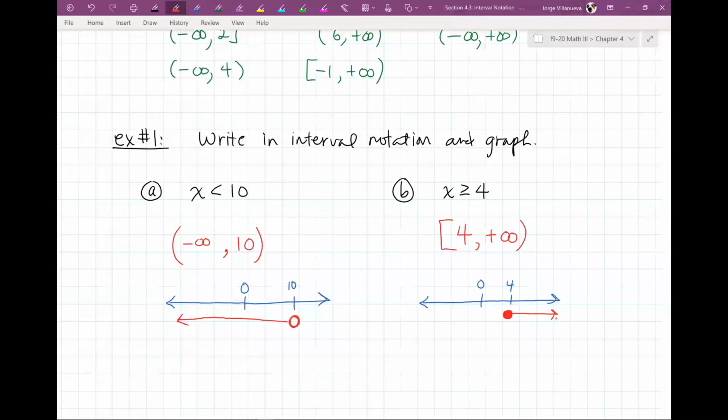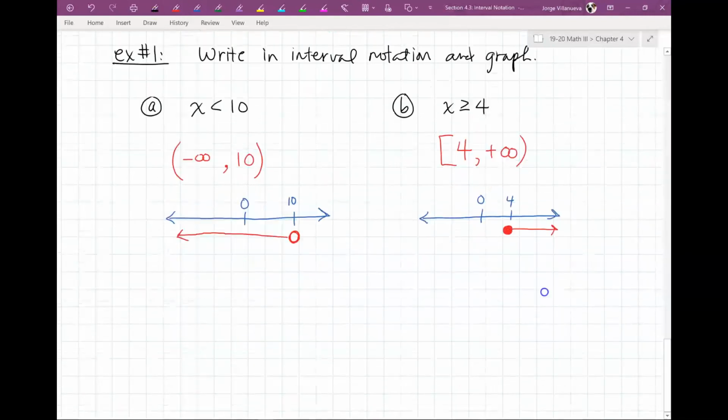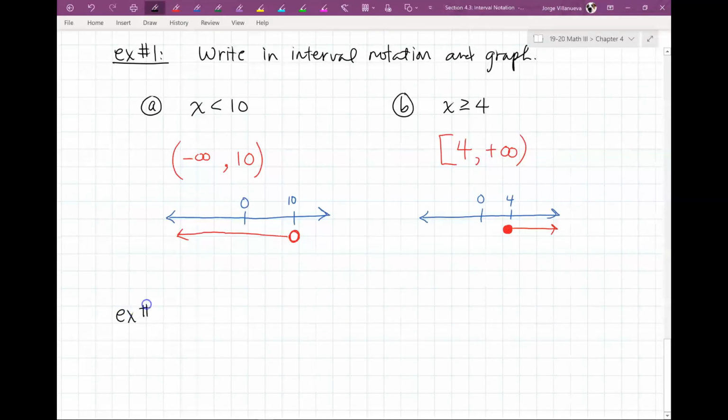Now, let's look at 6 through 10. Things like numbers 6 through 10 in a different example here. So example number 2, they want us to write each interval as an inequality.